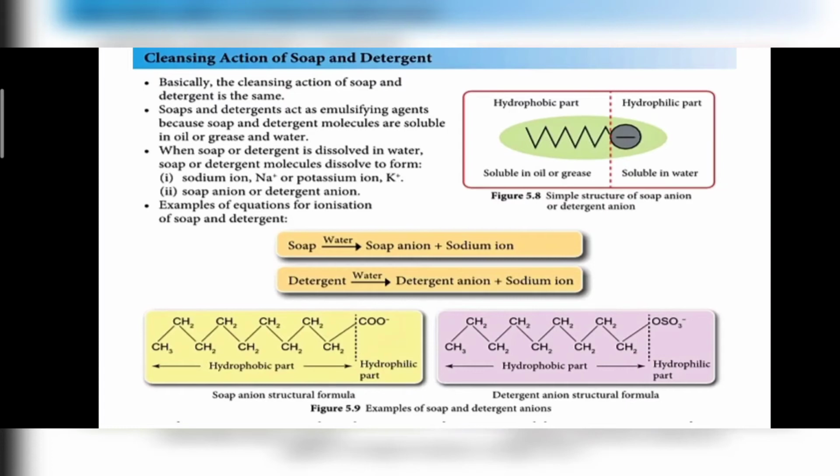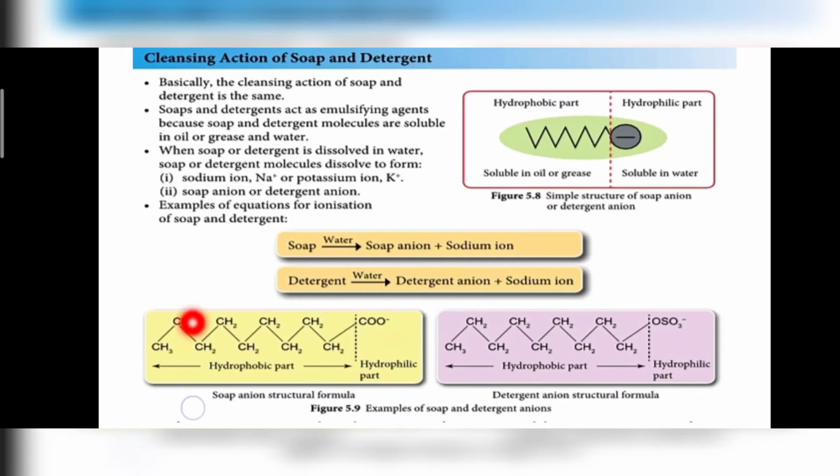So itu soap anion ataupun detergent anion kita bahagi kepada dua bahagian. Satu hydrophobic part, satu lagi hydrophilic part. The hydrophilic part itu soluble in water and the hydrophobic part itu soluble in oil or grease.